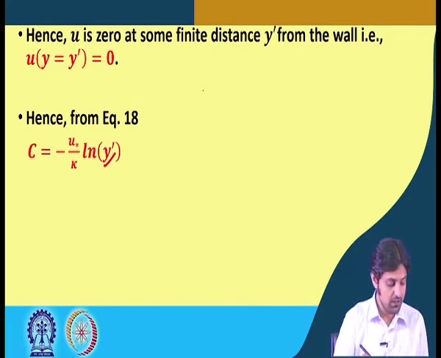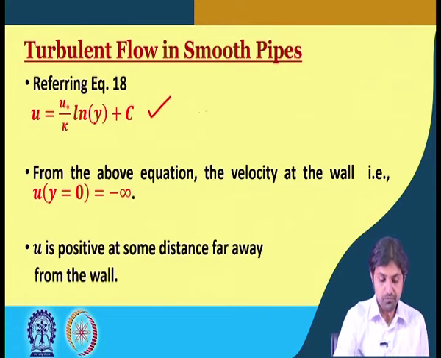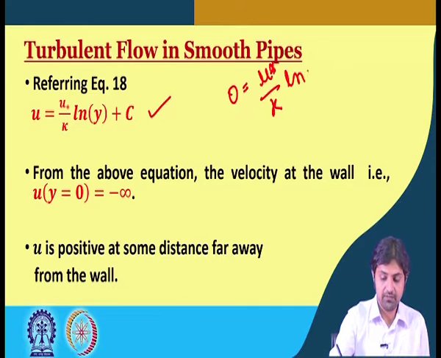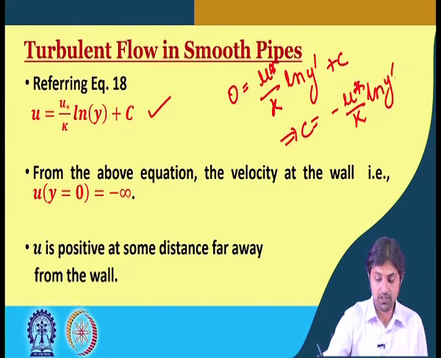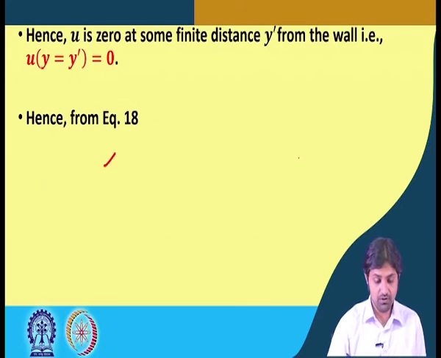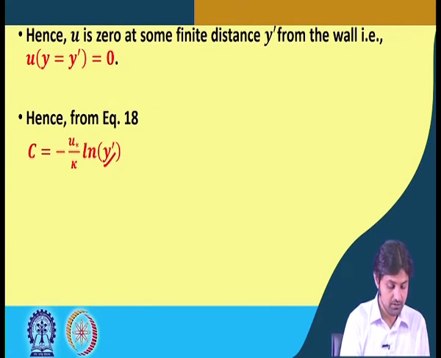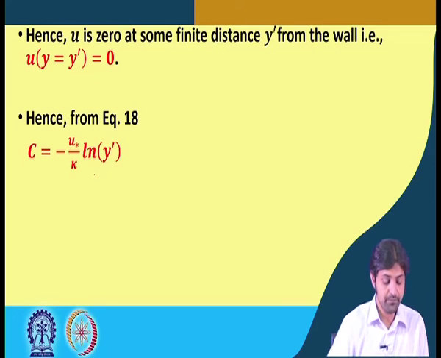The equation was u equals u star by kappa ln y plus c, and at this y prime u is 0. Therefore c will be minus u star by kappa ln y prime.